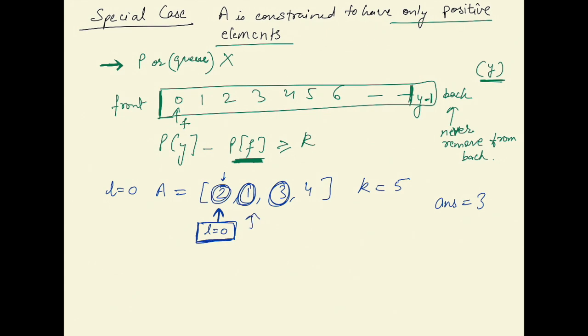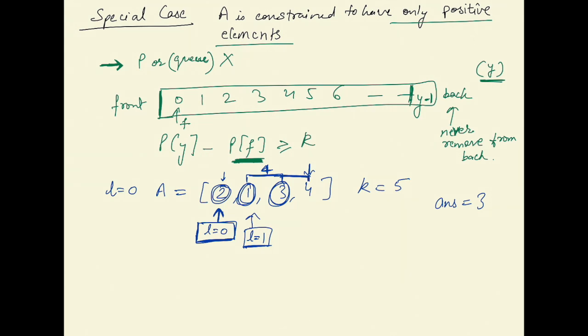So we'll move L here. L is equal to 1, and the sum would be 6 minus 2, which is 4. Is this greater than k? No. Then we'll move forward. We'll move here and get a value of 8.